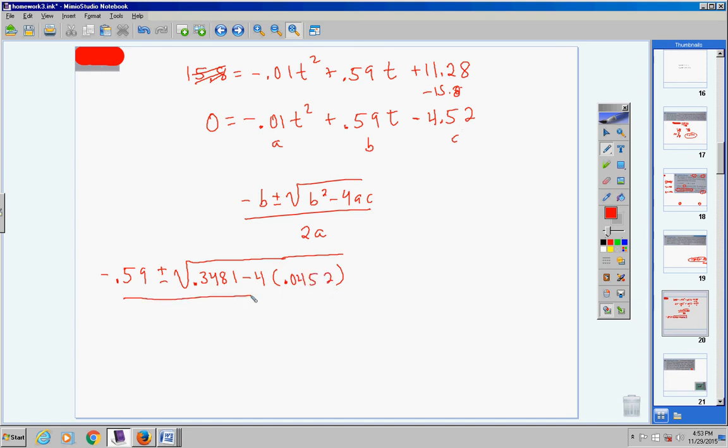And then the bottom, 2A, A is negative 0.01, so 2 times negative 0.01 is negative 0.02. Now, if you simplify under your radical, which by now you should be able to do with your calculator, you're going to get plus or minus the square root of 0.1673 all over negative 0.02.